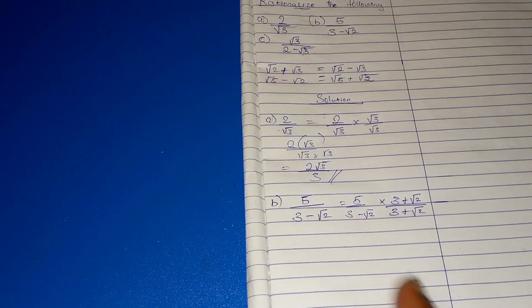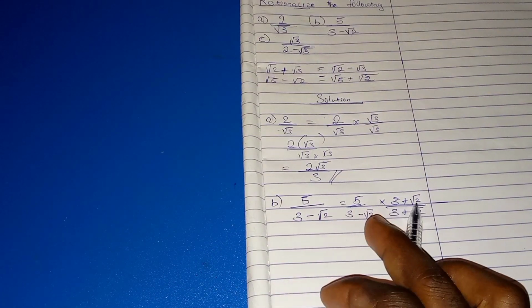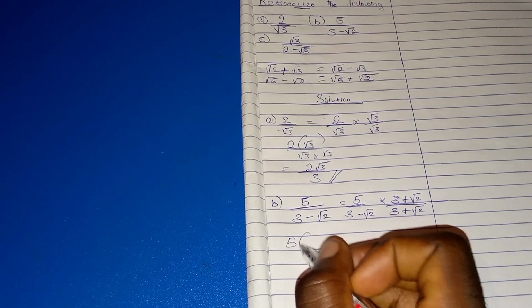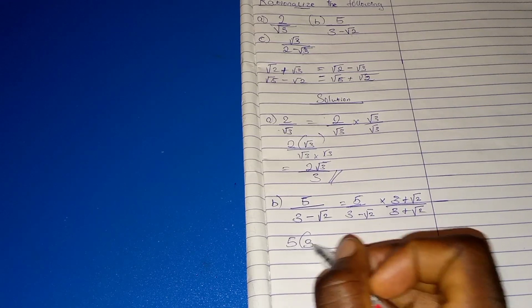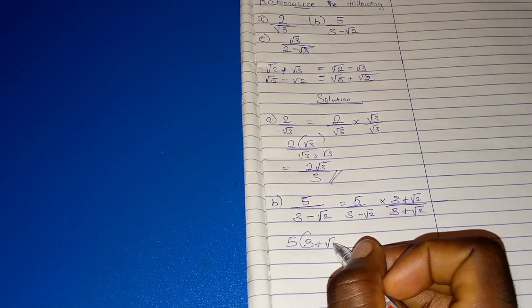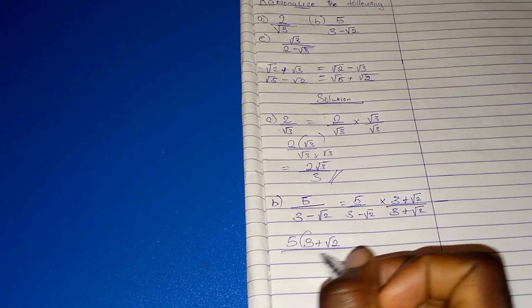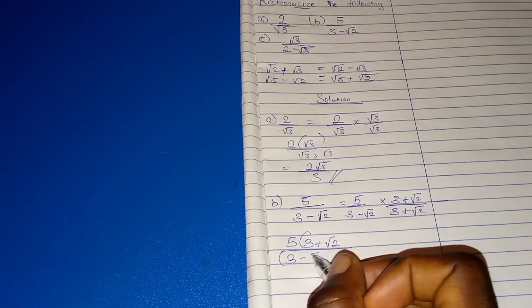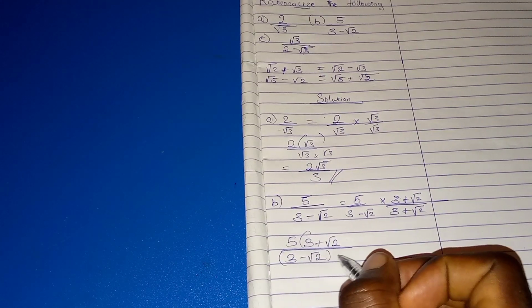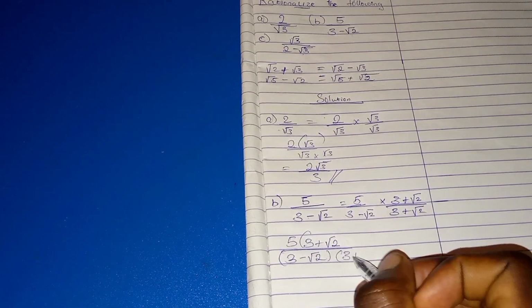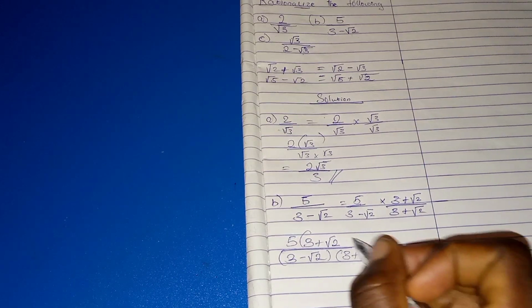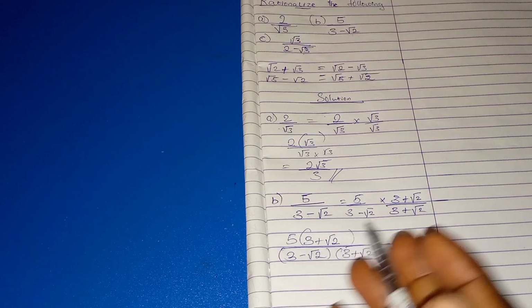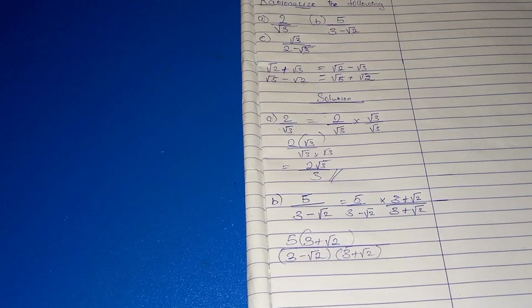So what would we actually get? We multiply this to this, and this to this. We will have 5 bracket 3 plus root 2 over 3 minus root 2 times 3 plus root 2. So this is what we get when we multiply this to this.